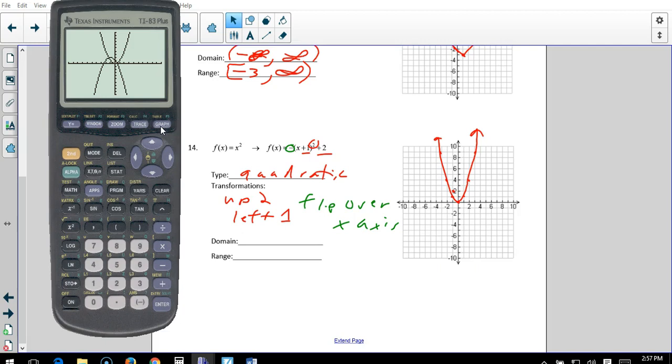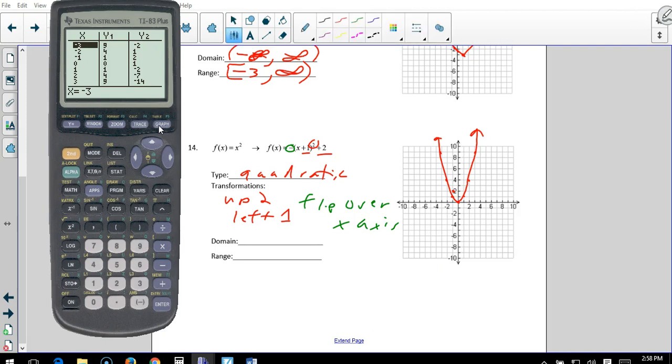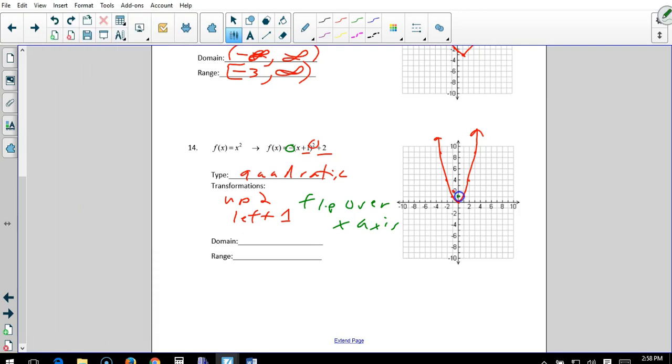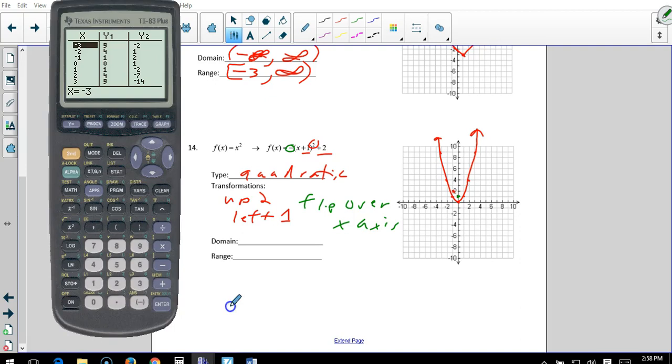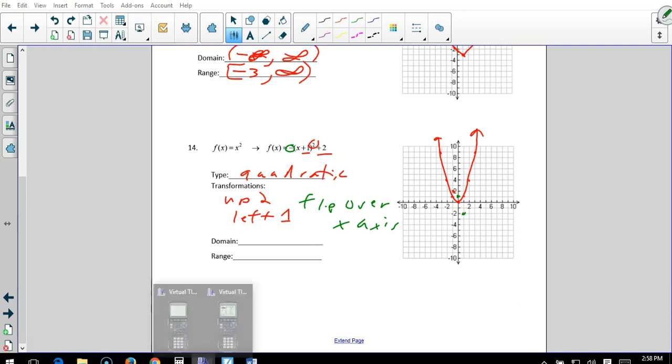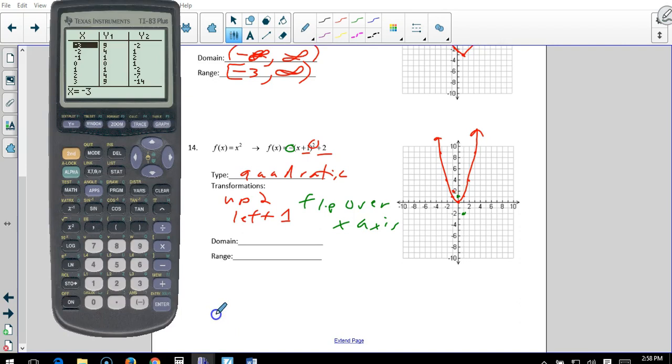So here, if counting that off the chart is hard, go to your graph and your table. So 0, and we're using the y2 column. So 0, 1. And 1, negative 2. And negative 2, positive 1.